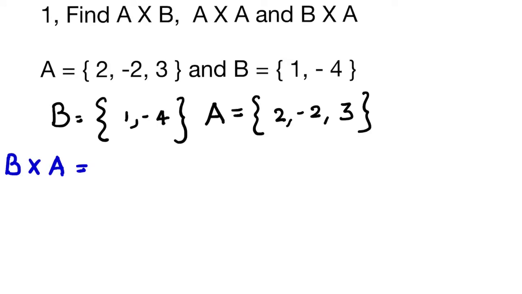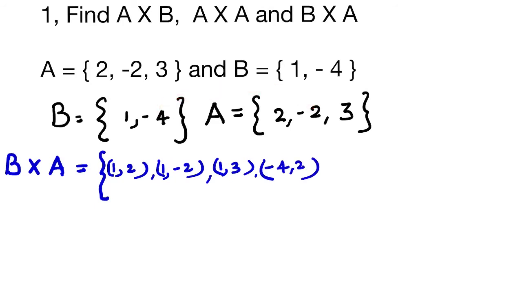The Cartesian product of B and A, or B cross A, is the set of all ordered pairs formed by taking the first element from set B and the second element from set A. So B cross A is equal to the set of all ordered pairs (1, 2), (1, minus 2), (1, 3), (minus 4, 2), (minus 4, minus 2), (minus 4, 3).